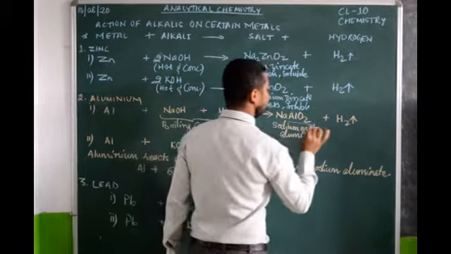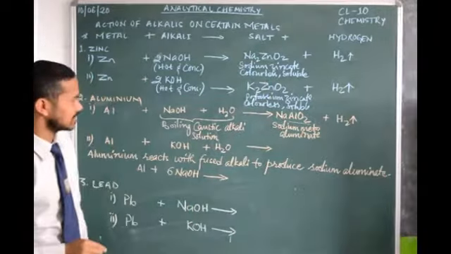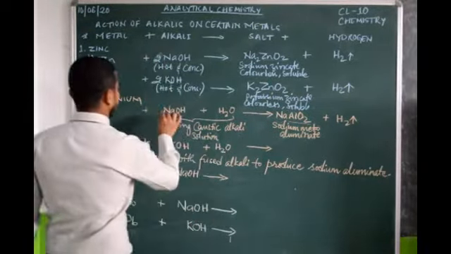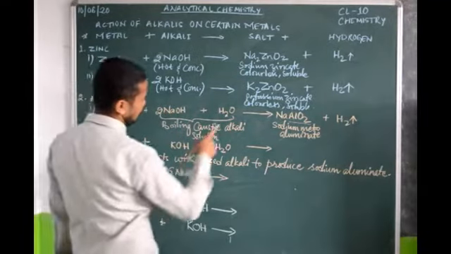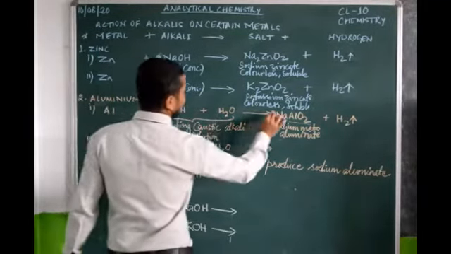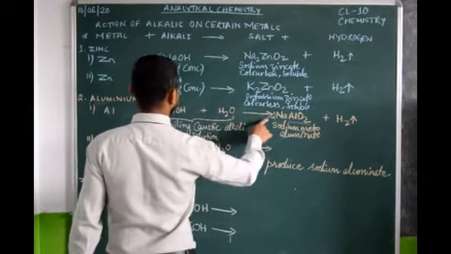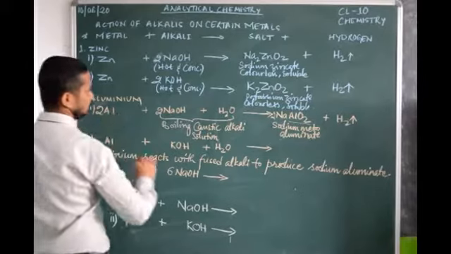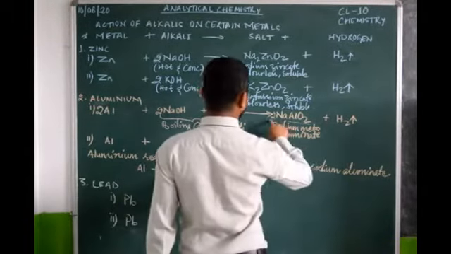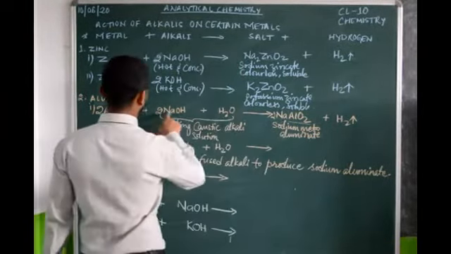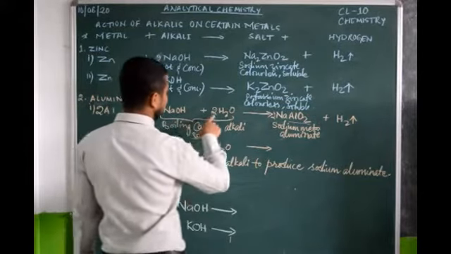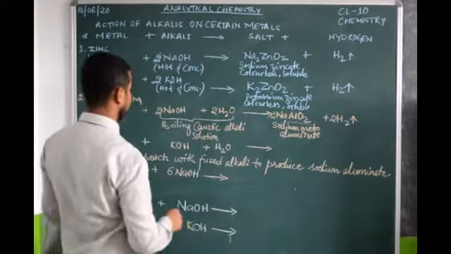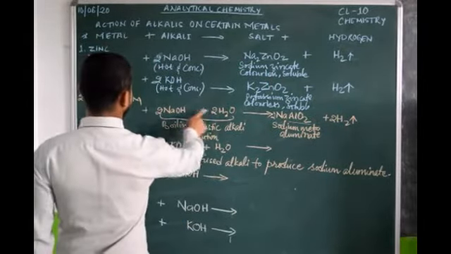Balancing: 2 Al, so Na2, Al2, then O4, and hydrogen 2 2s are 4, and 2 6.